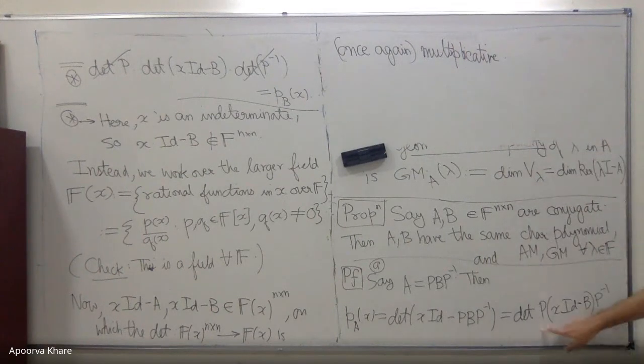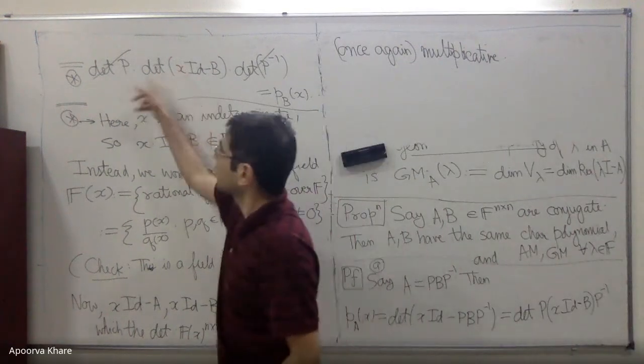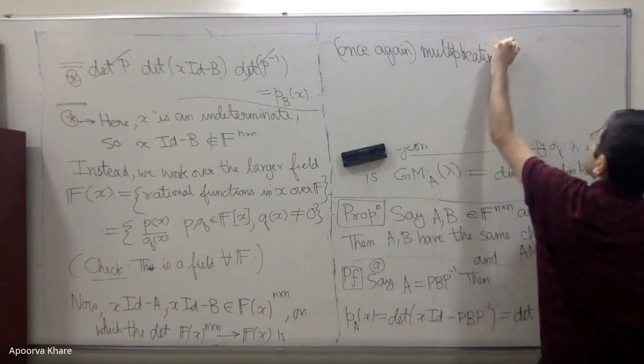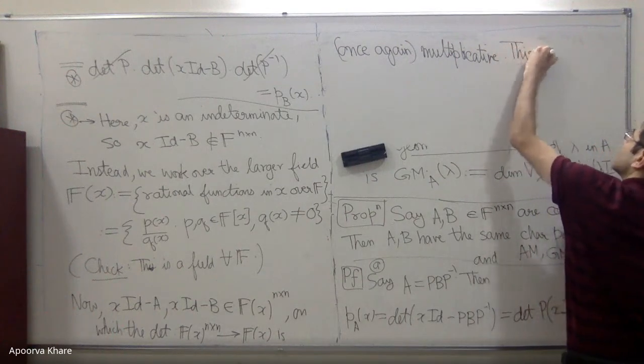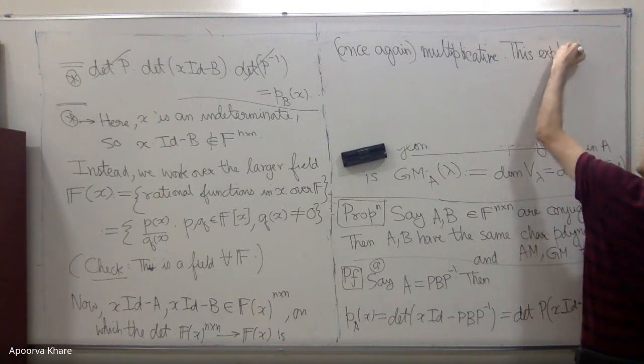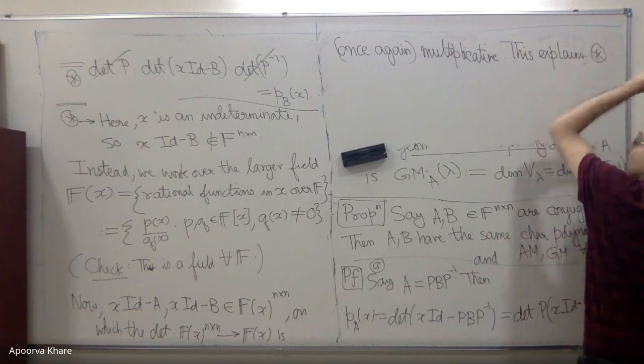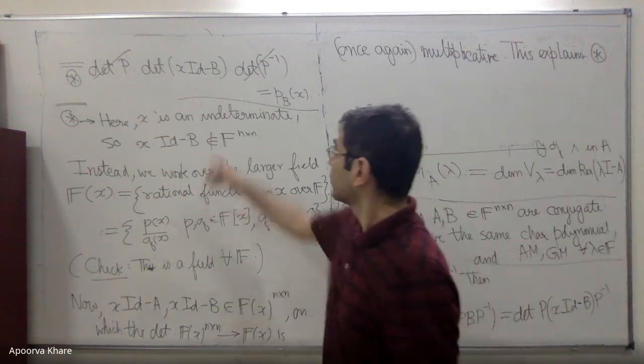Yes. And that is what justifies going from the determinant of the product of three matrices to the product of the three determinants themselves. This explains, justifies. Okay, so that's the reason for putting this stuff.